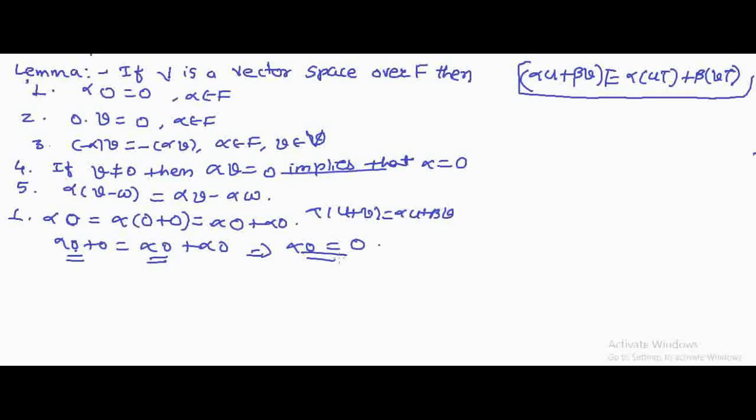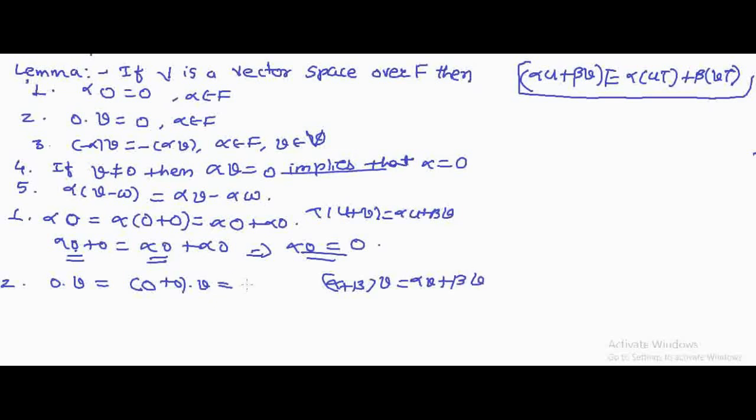It is satisfied. Now second part, 0 into V equal to, again we write it as 0 plus 0 into V. Apply the second condition of vector space. What is second condition? Alpha plus beta into V equal to alpha V plus beta V. Apply this.